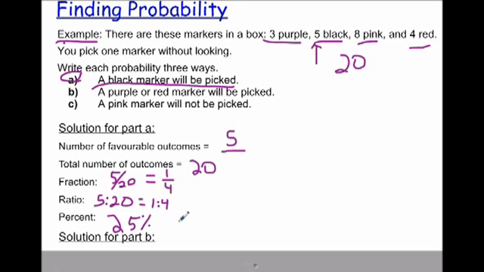And I always say the easiest thing to do if you're using your calculator is 1 divided by 4. But you shouldn't need to do this. But if you did, you would get it as a decimal of 0.25. And then to change that to a percent, you would just need to multiply it by 100 and you would get 25%.